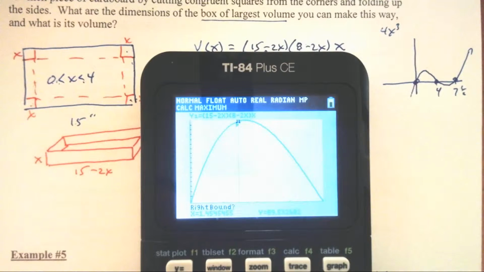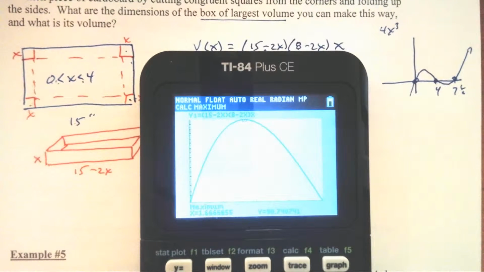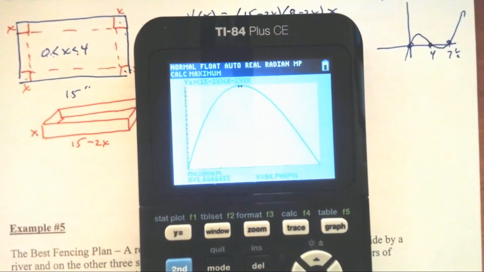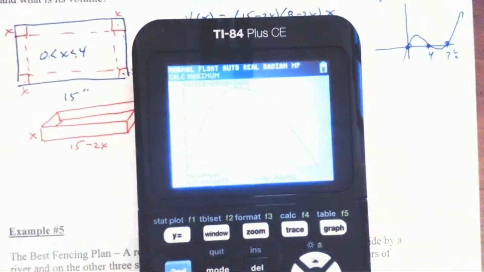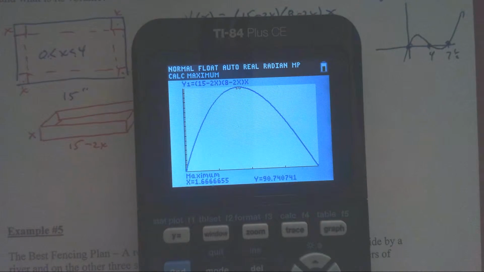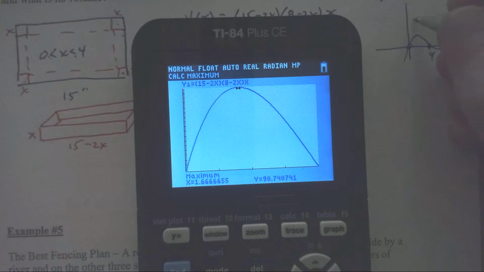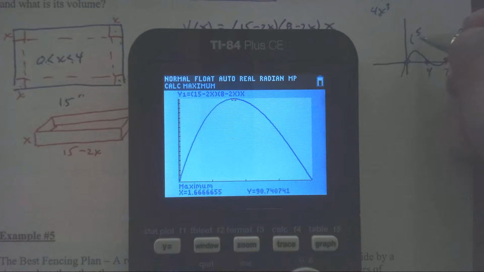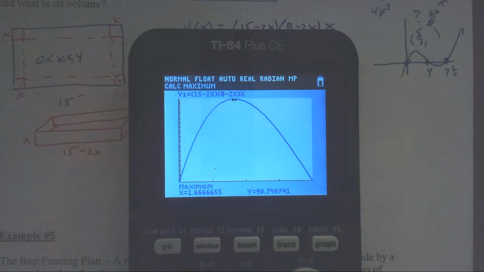Get to the left, get to the right, and we have 1.6. It appears to be, it wants to be 1 2/3. So I'm going to suspect that this value over here is 5/3 something, I wonder. And 5/3 what? Well, I've got 90.741-ish. And that's straight from my calculator.